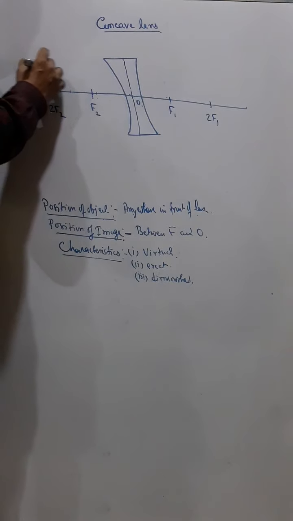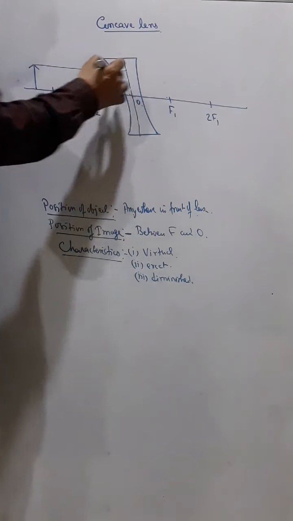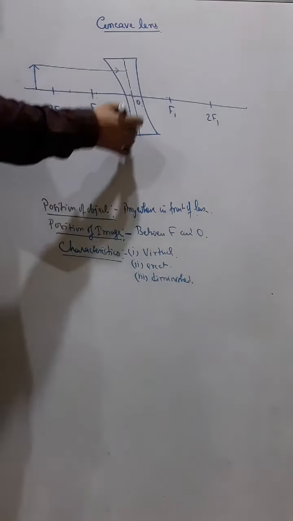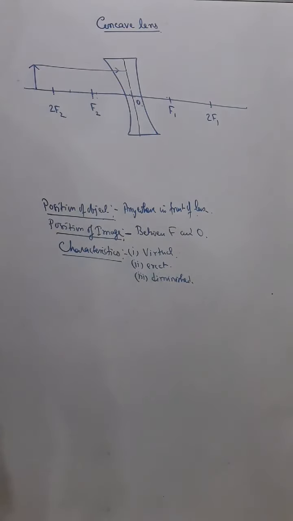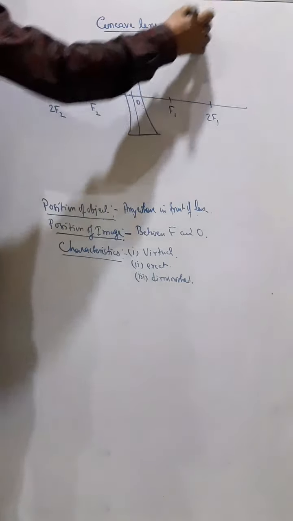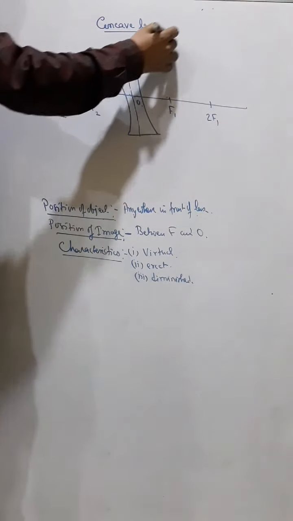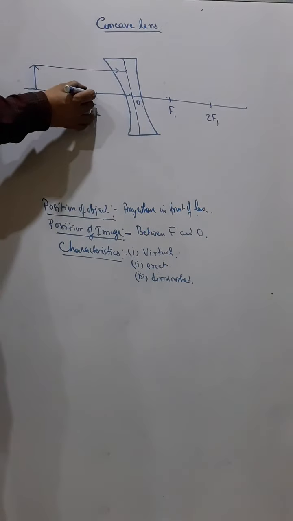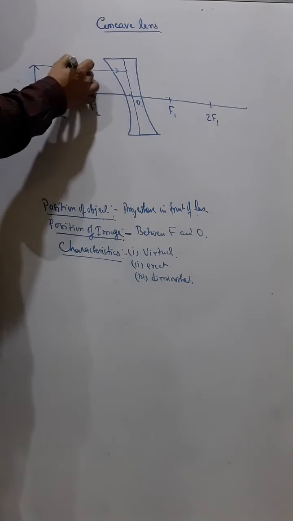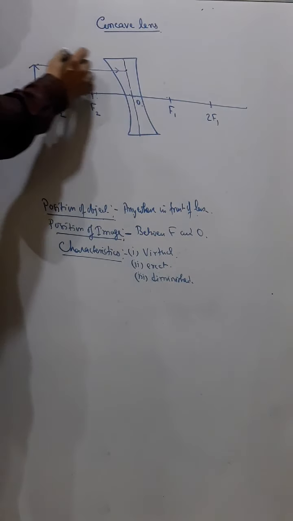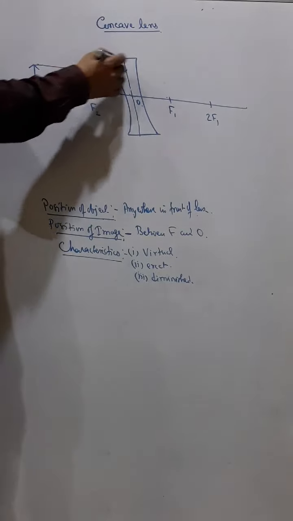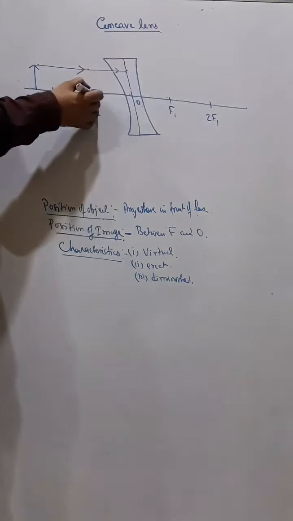So if I put the object anywhere, suppose the object is here, then the rule is that parallel rays of light, and this is a divergent lens, so it will diverge in this way, in such a way that it appears to be coming from focus. So you draw a ray parallel to the principal axis. Now it will diverge such that it appears to come from focus.